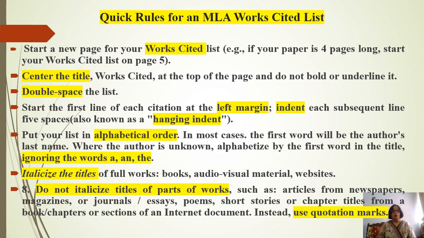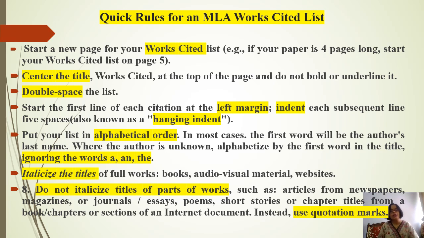Now, let us take a quick recapitulation of the rules for an MLA works cited list. Number one, start a new page for your works cited list. For example, if your paper is 4 pages long, start your works cited list on the 5th page.